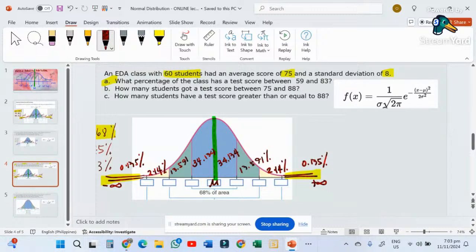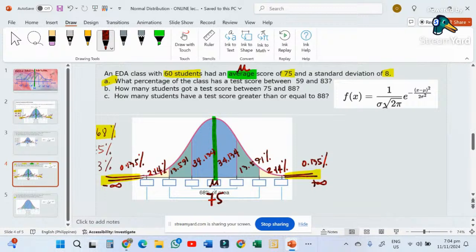Okay, Wens. Right. So, for those who are with me now in EDA, we're going to continue. It says here there are 60 students, and the average score is 75. The standard deviation is 8. What does it mean? If we're going to start with the mu, which is 75, mu is the average. If you read the word average, that is always the mu in statistics or in EDA.